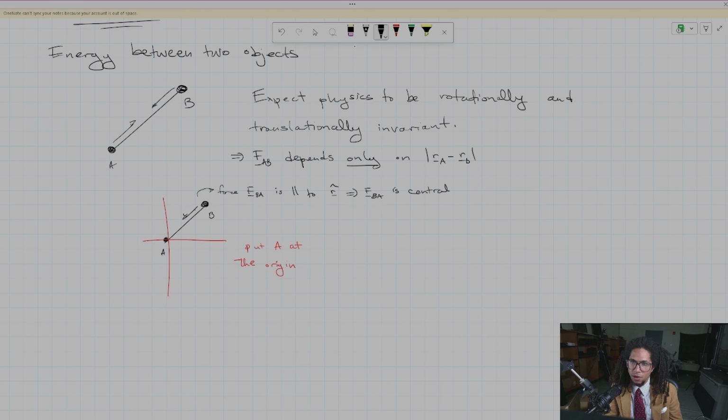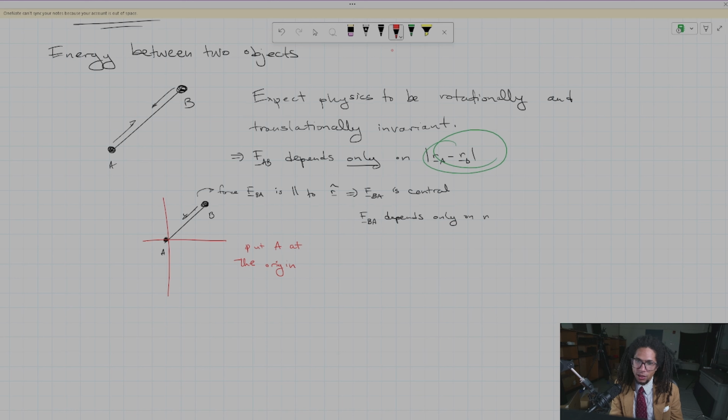Great. But because it also only depends on the distance between these two objects, it also only depends on R. The other thing is FBA depends only on R if we work in the spherical coordinates in the red coordinate system.